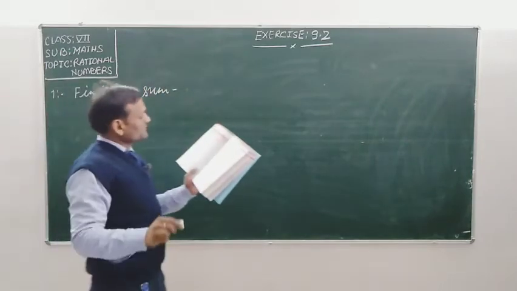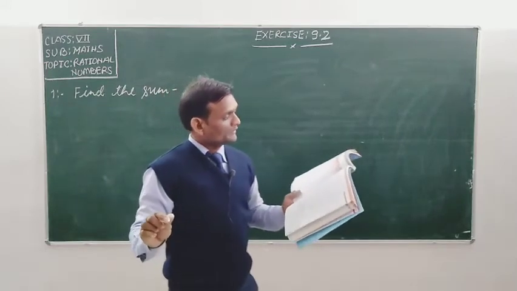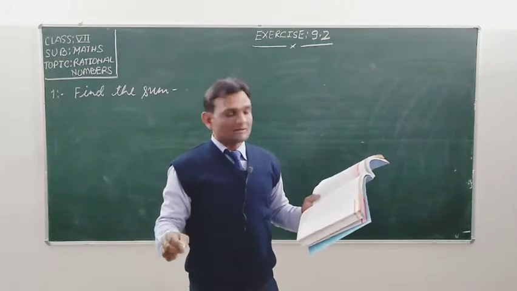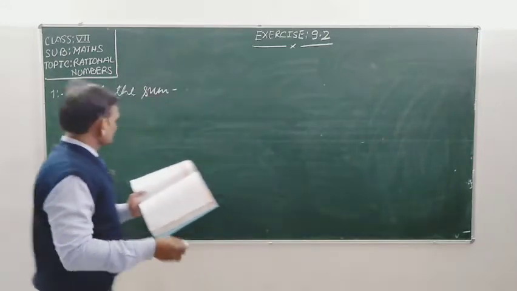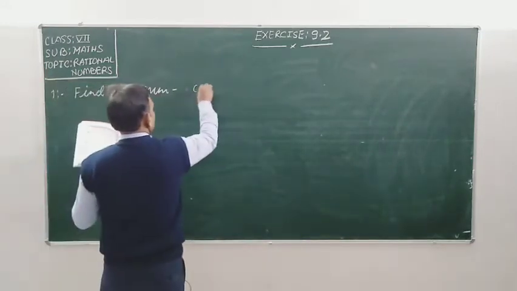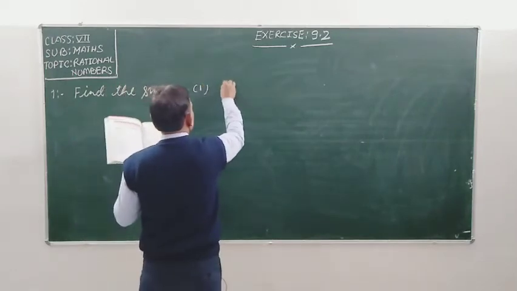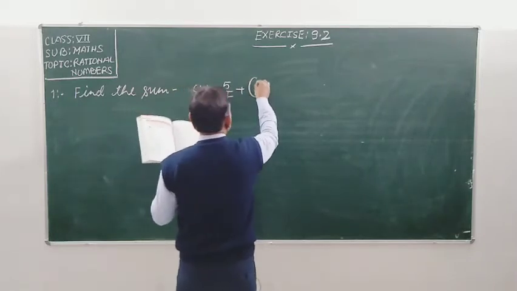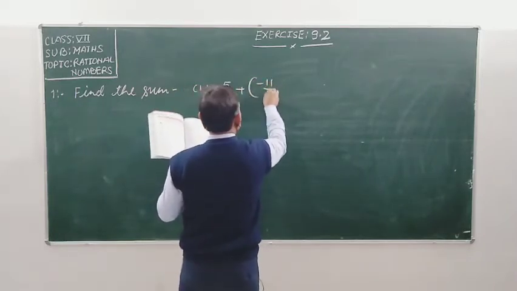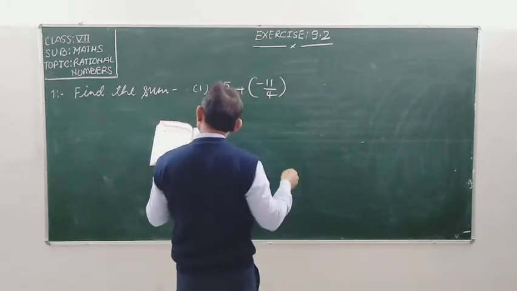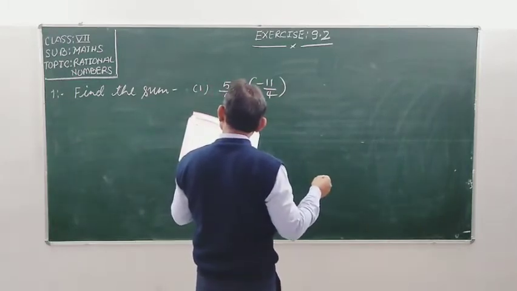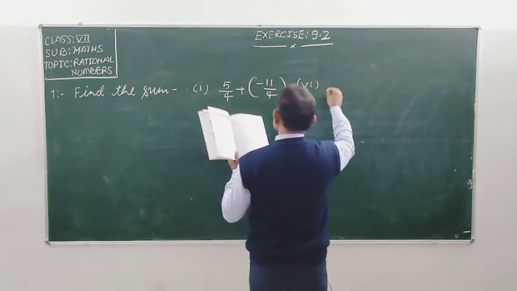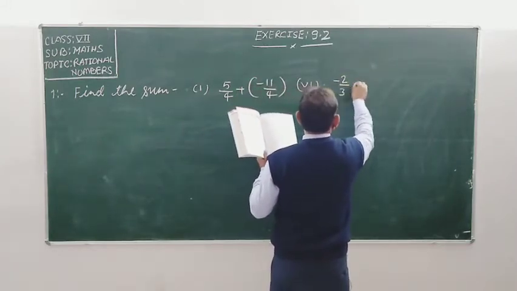There are many parts given in this question, but here I am taking only two or three parts. The first part of this question is 5/4 plus in bracket minus 11/4, bracket close. And the next part I am taking, student, is the 6th part of this question: minus 2/3 plus 0.